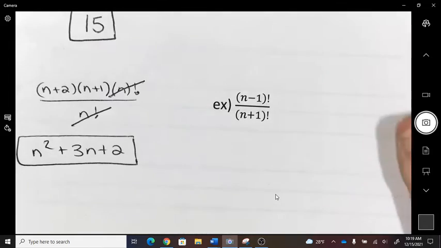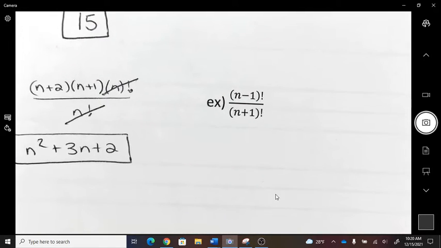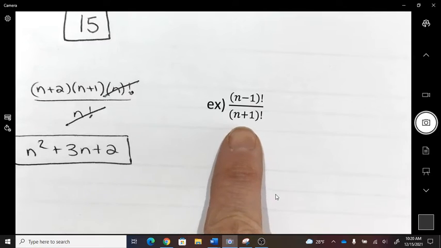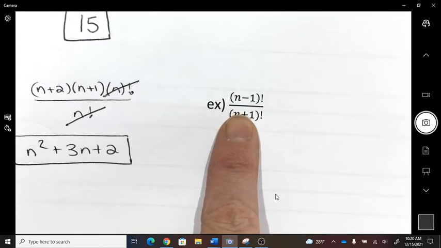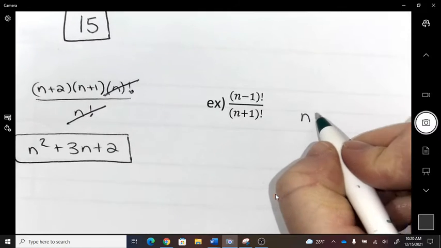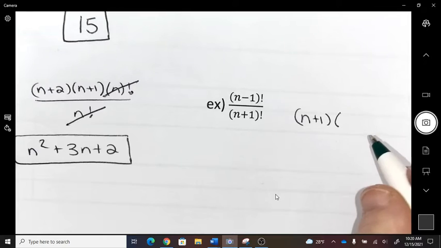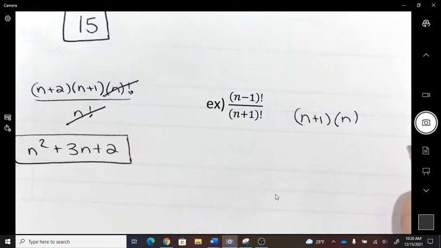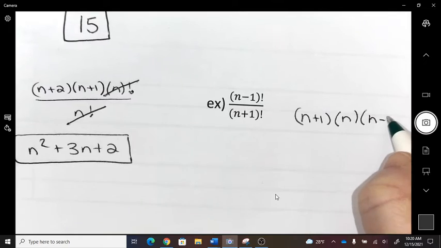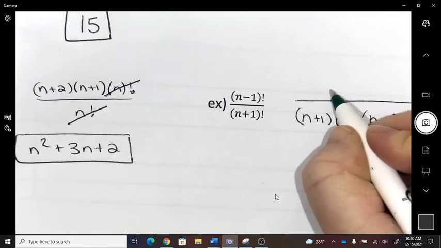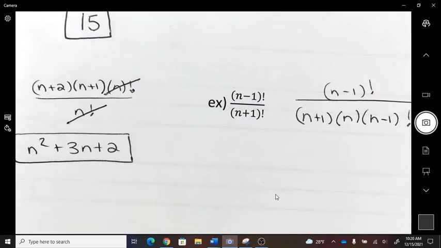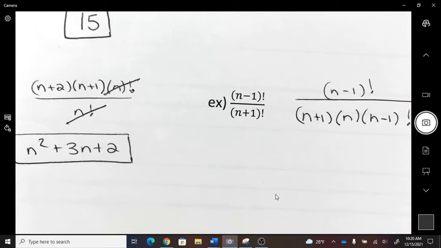Okay, be careful on this last one. Which of those two numbers is a larger number? N plus 1 is larger than an n minus 1, right? Okay, so n plus 1. What's one lower than that? N. Keep going, one lower. Now I can stop. Okay, so when you see negatives involved, be careful with thinking about which number is lower.